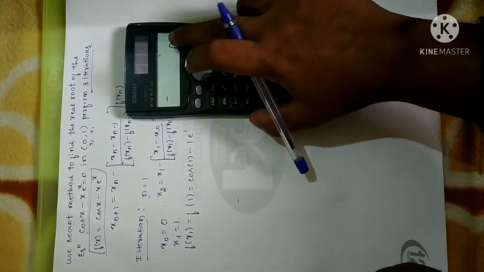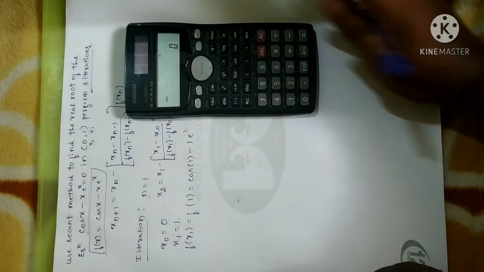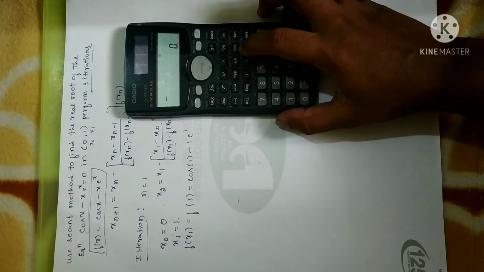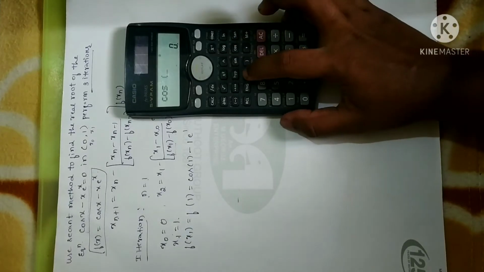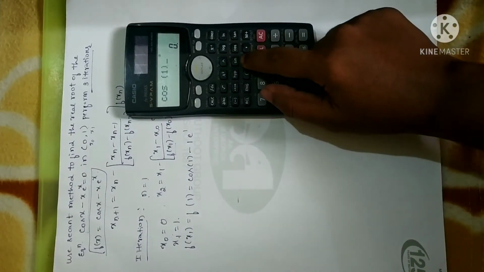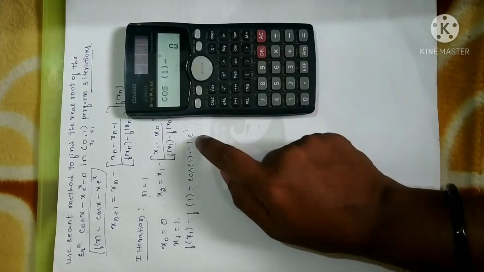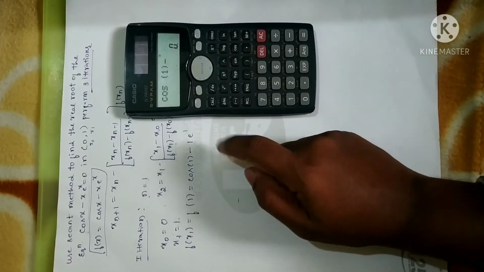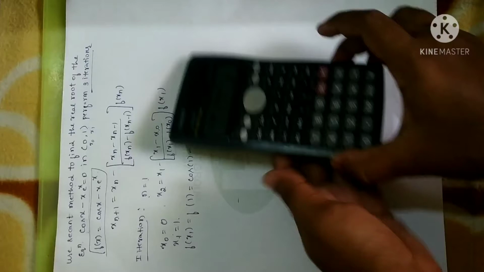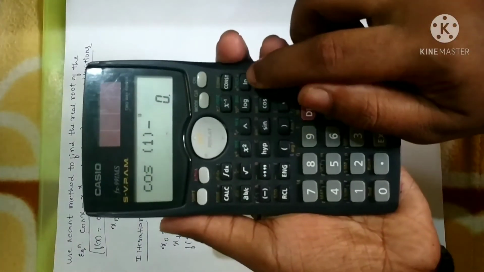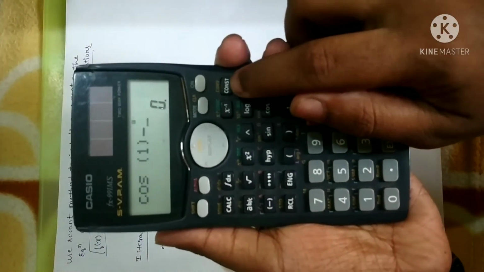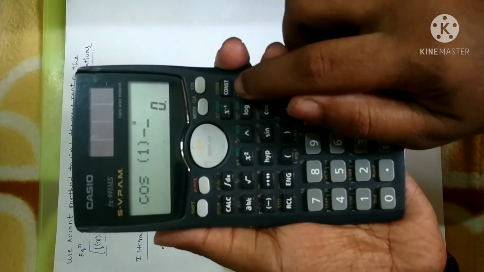So see here, first I have changed the mode of the calculator to radian as already shown earlier. Now press the cos button, open the bracket, put 1 there, close bracket, minus. Now you have e power of 1. As I already told you, when you have to do e power of 1, you have to look at the calculator. You have the symbol ln here. Just above ln, you will clearly see e there.